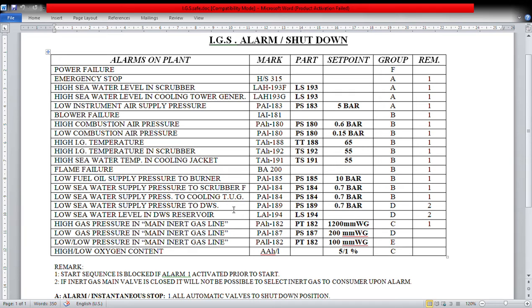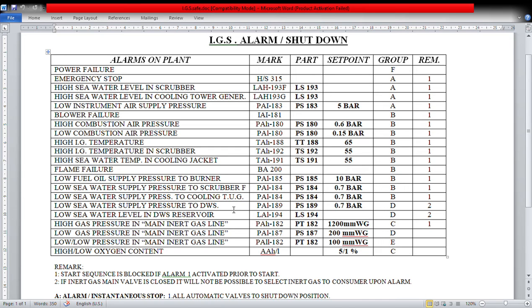Now whatever we have discussed, these alarms may not be present in all types of IG plant that you have on board. If you are an oil tanker taking gas from the boiler uptake, there is no point of having a flame failure alarm.